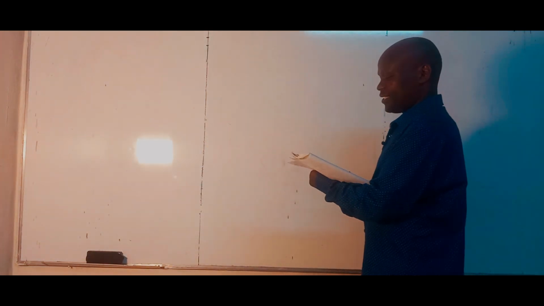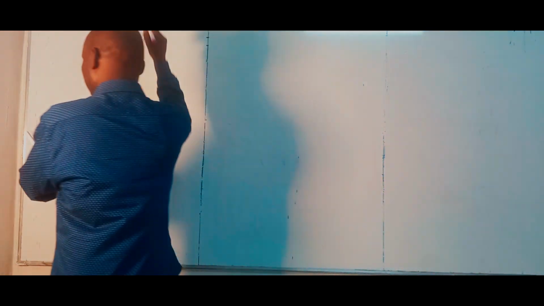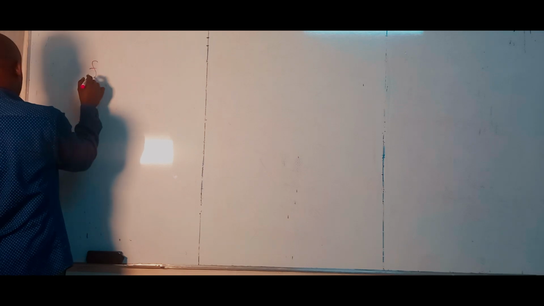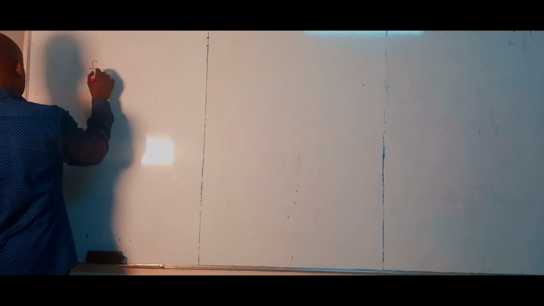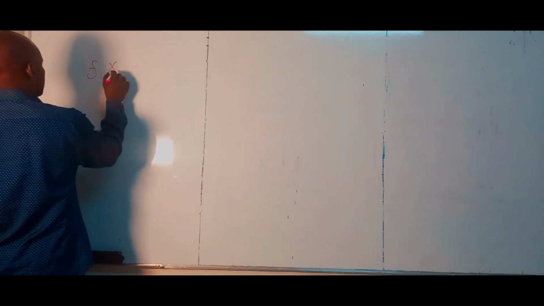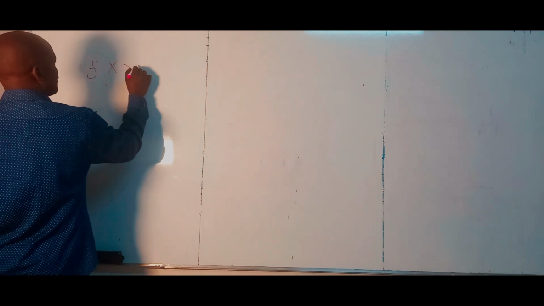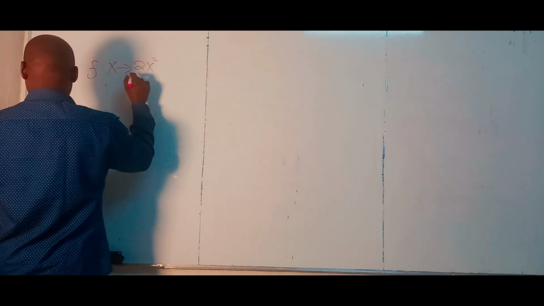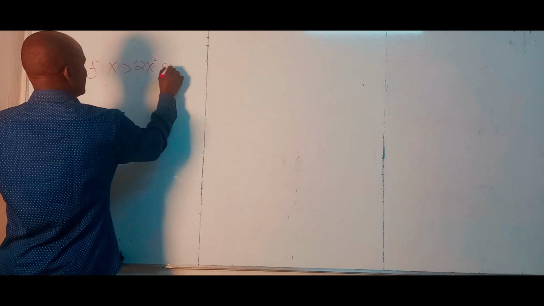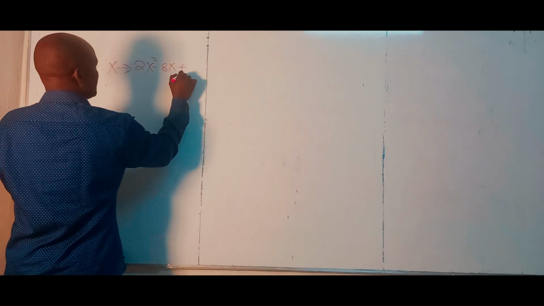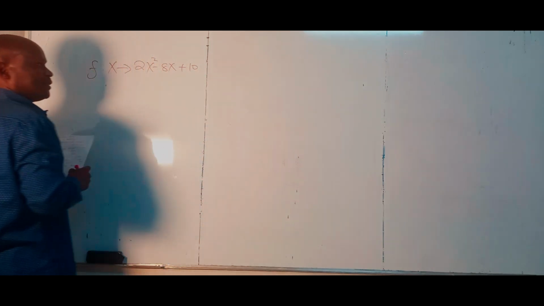And now let's see. Functions f and g are defined by: the function f is defined as x goes to 2x squared minus 8x plus 10.